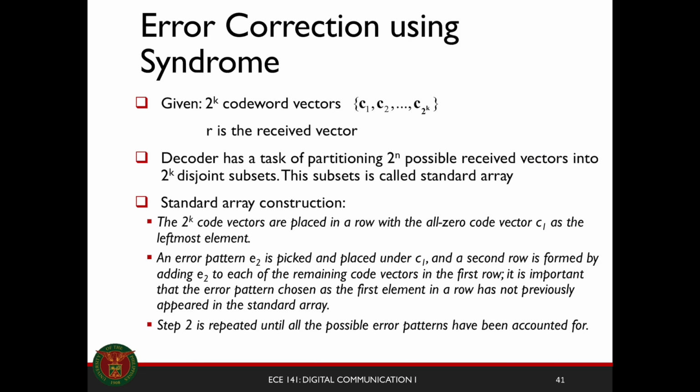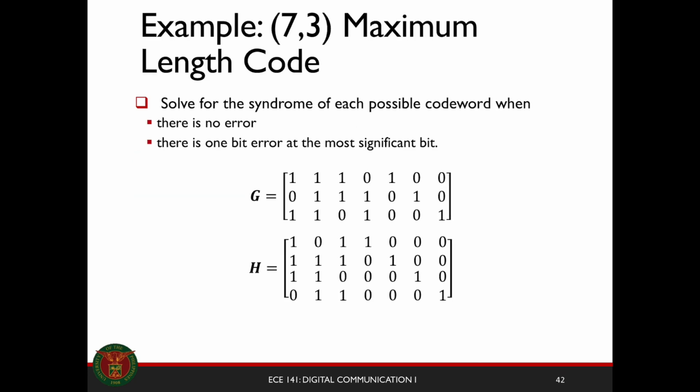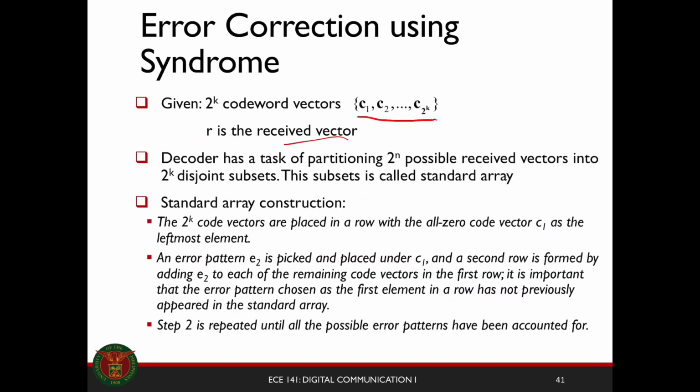Now, how do we correct the error? From here, we will use the syndrome. Given 2 to the k code word vectors, the set of valid code words, and r is some received vector, the decoder has the task of partitioning the space of 2 to the n possible received vectors into 2 to the k disjoint subsets.